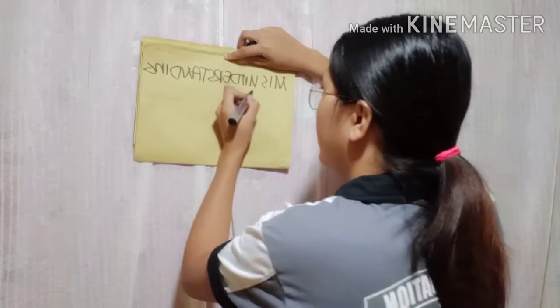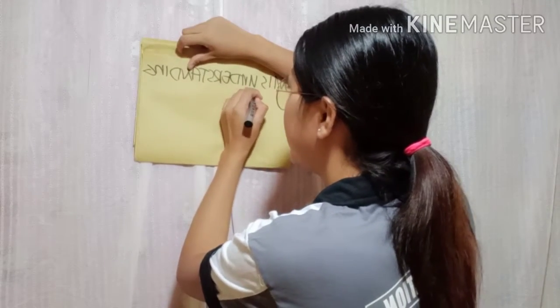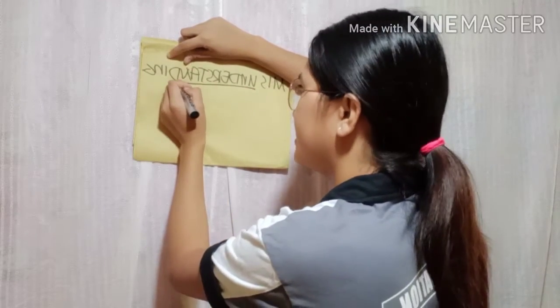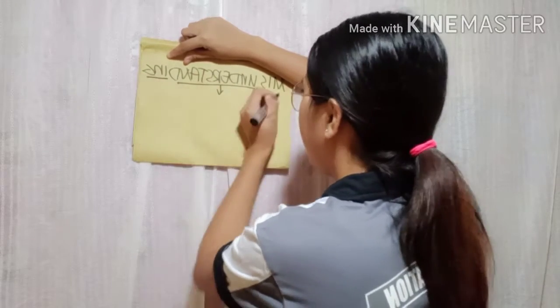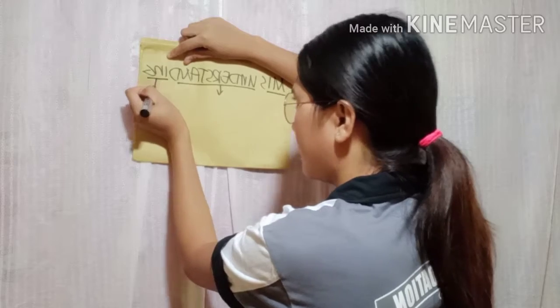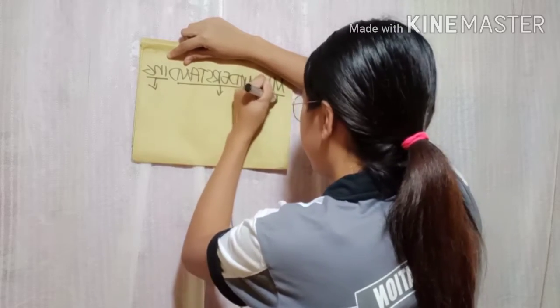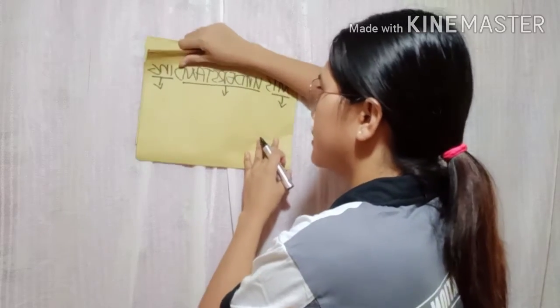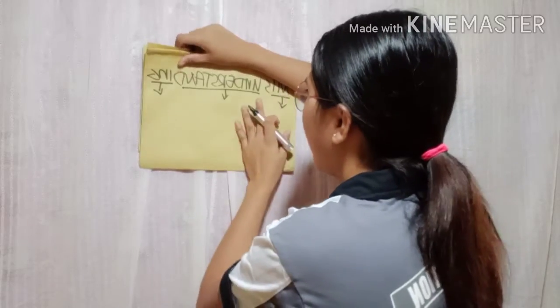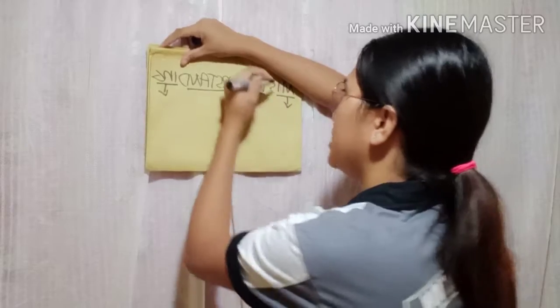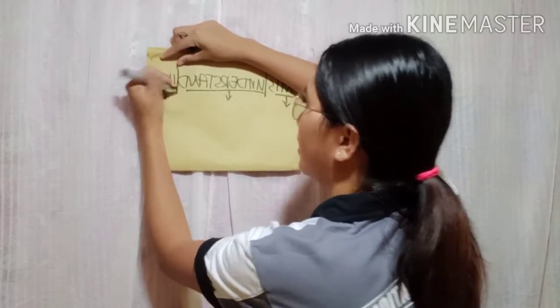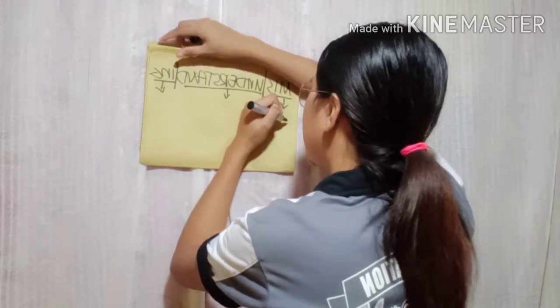From this word, the root word of misunderstanding is understand, and the remaining parts are the suffix and the prefix. Just like what we did in the first example, we're going to give the meaning of each part of the word.